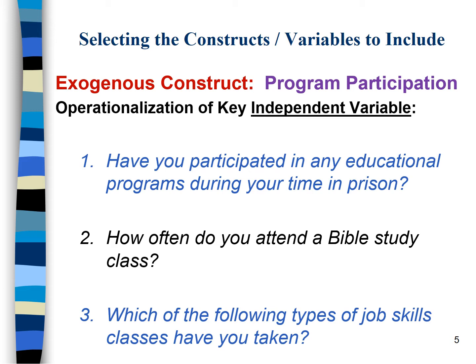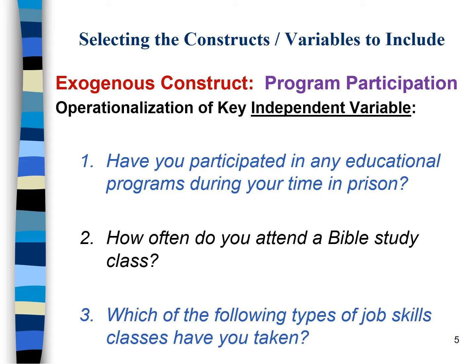And so in a survey, oftentimes we're not just going to ask one question that fully operationalizes program participation. Rather, we're going to have quite a few questions within that survey that are trying to measure indicators of program participation.